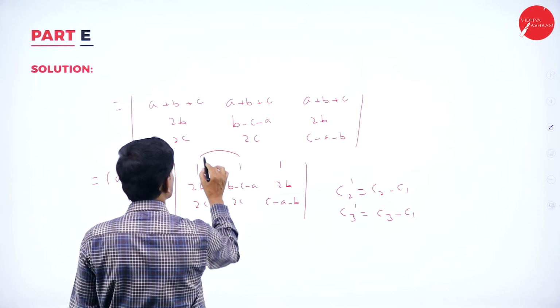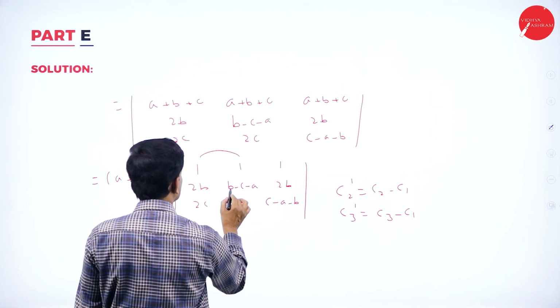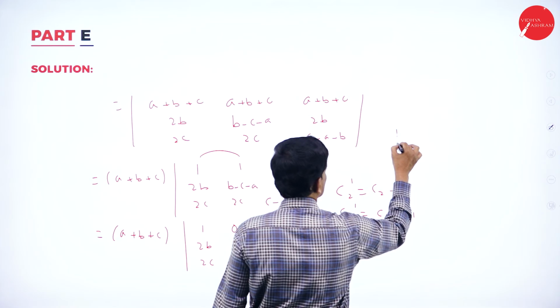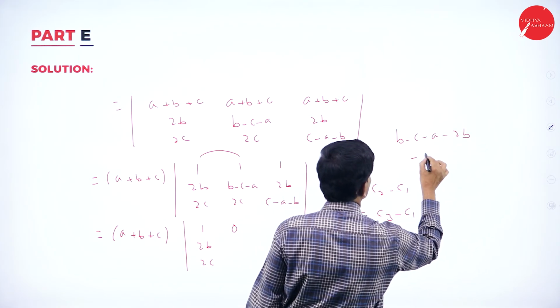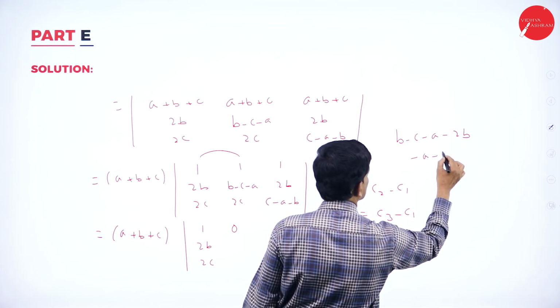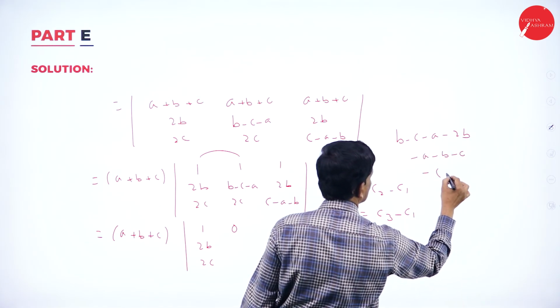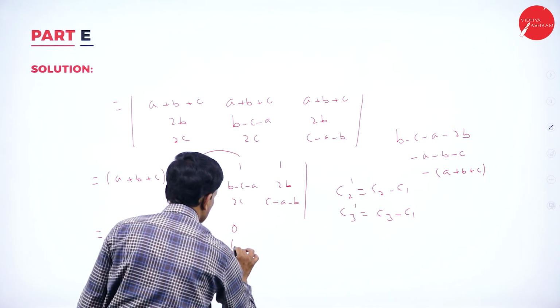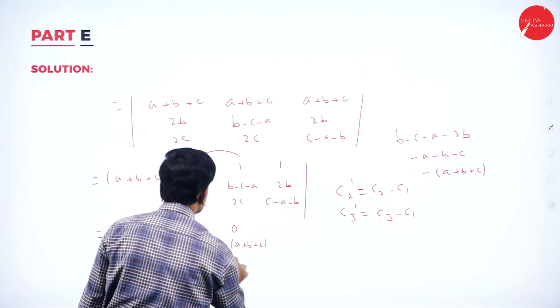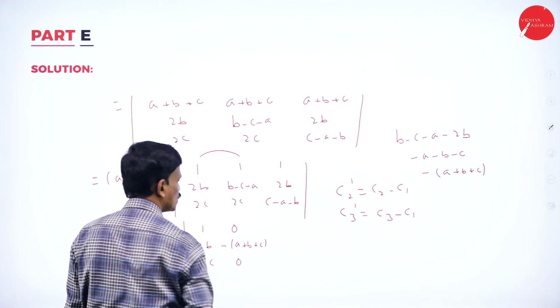C2 minus C1, subtract this: 1 minus 1, 0. See here, B minus C minus A, B minus C minus A minus 2B. What happens? Minus A, minus 2B plus B is minus B minus C. You can take minus out: A plus B plus C. So this can be written as minus of A plus B plus C, and 2C minus 2C, 0.